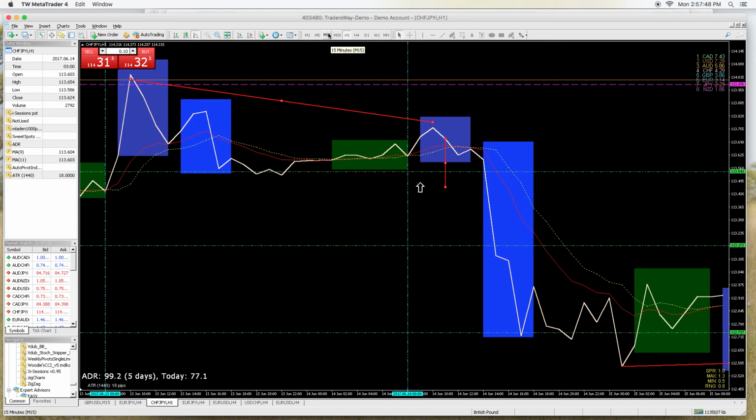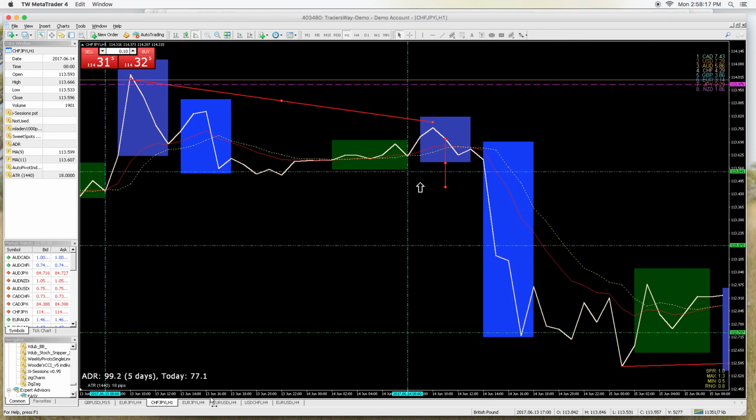I don't like to go any smaller than a 15, simply because of the more erratic type price action. Whereas generally on a 4-hour in particular, if you pick up a direction, it's going to probably continue for at least another 4 to 8 hours. So that may work a little bit better.